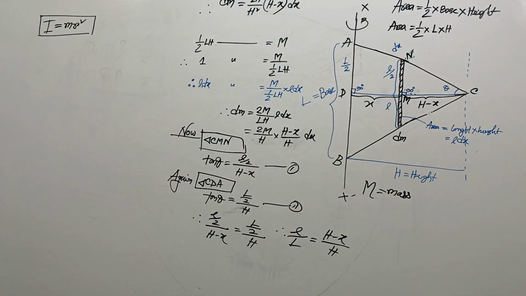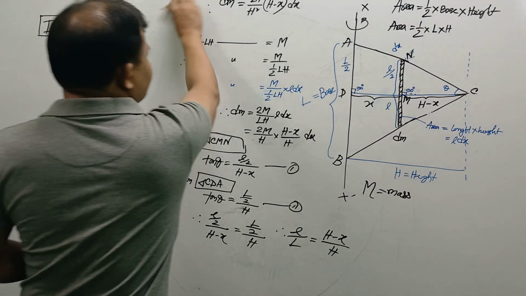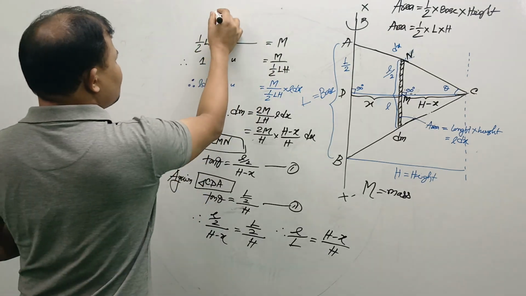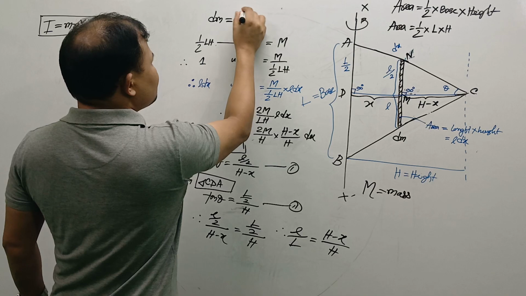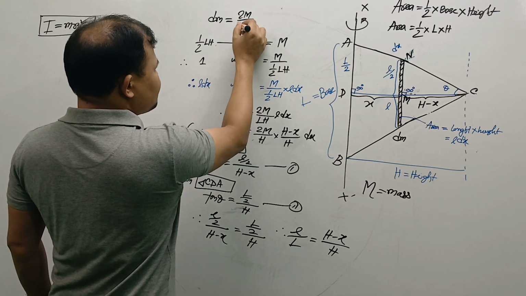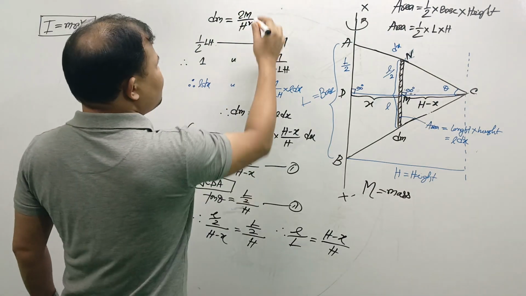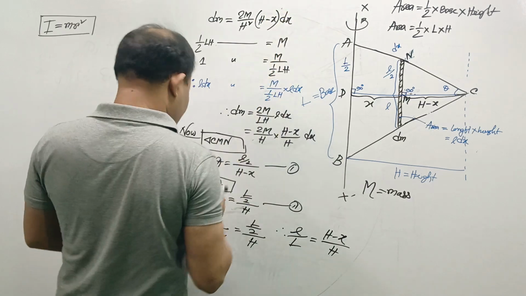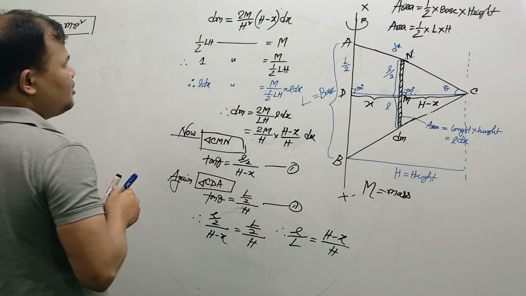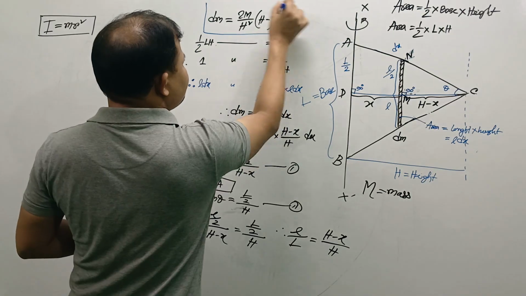This is the value of the mass of a very small, slight section. My dear students, dm is equal to 2M divided by h square, h minus x into dx. This is the value of the mass of the slight section.